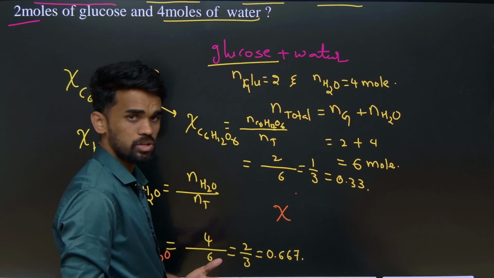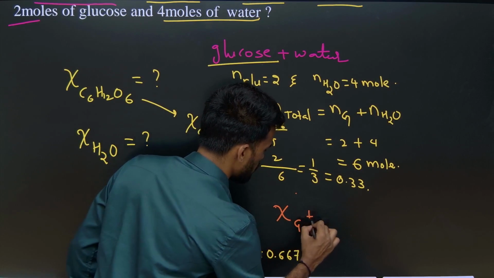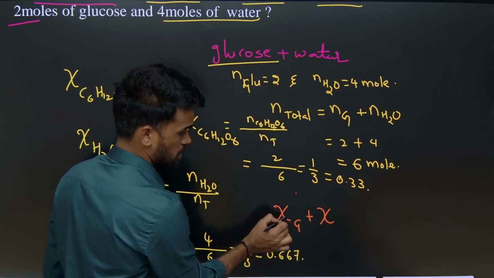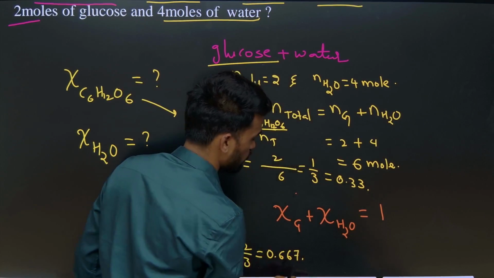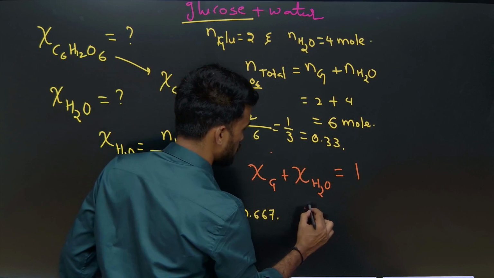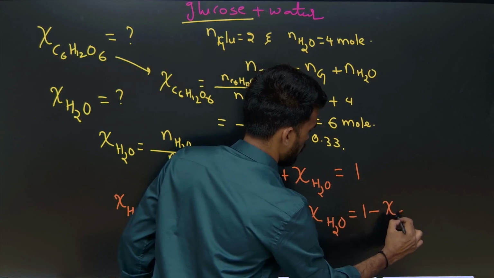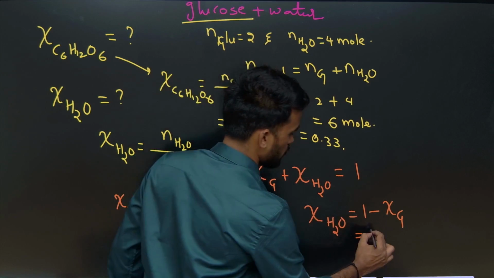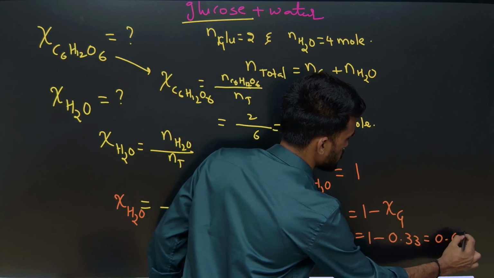So for a binary solution, mole fraction of glucose plus mole fraction of water equals what? The sum will be 1. So for glucose this is 0.33, then the mole fraction of water will be 1 minus the mole fraction of glucose, 1 minus 0.33, which equals 0.67.